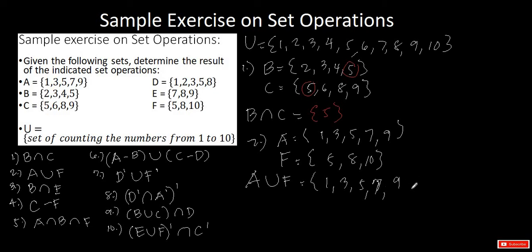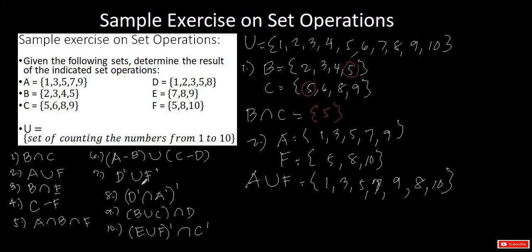And next, we are going to list the elements of set F that are not in set A to avoid repetition of elements. So here we are not going to list 5 because it's already in set A. So we're going to list 8 and 10. So therefore the elements of A union F are 1, 3, 5, 7, 9, 8, and 10.